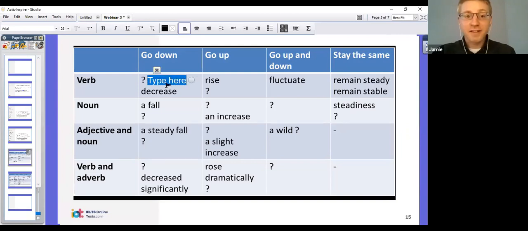Decline. Thank you. Yes. So you can say album or paper and cardboard declined, decreased. What about a verb for go up?